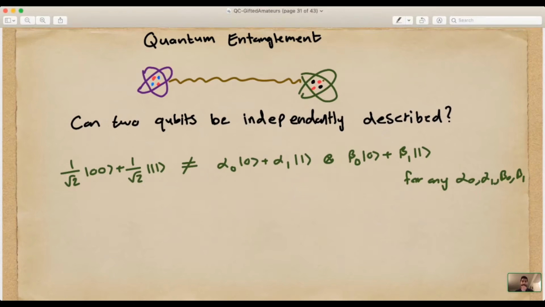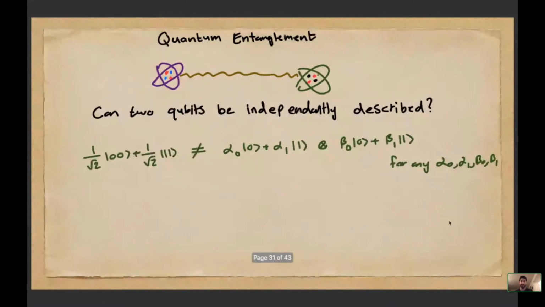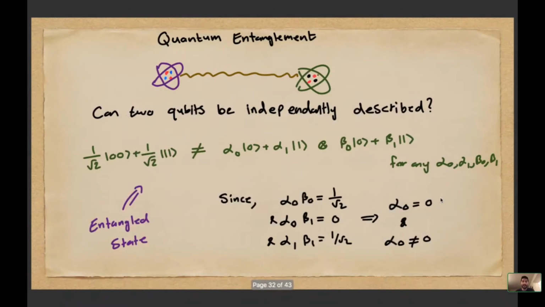So let's quickly see mathematically why you can't write this EPR state as 2 independent qubits that are just concatenated. If you did concatenate any two states, let's say they have amplitudes alpha 0, alpha 1, and beta 0, beta 1, then in order for that to be equal to this, we know that alpha 0 beta 0 has to be equal to 1 over square root of 2.